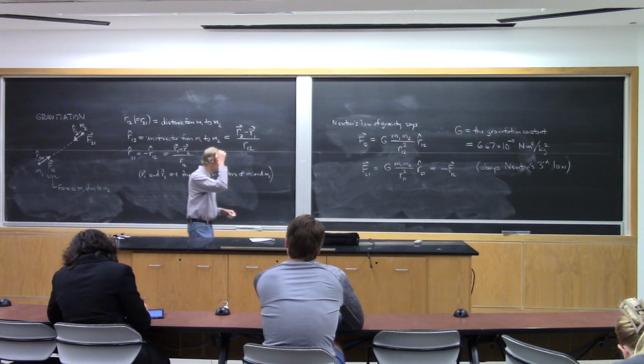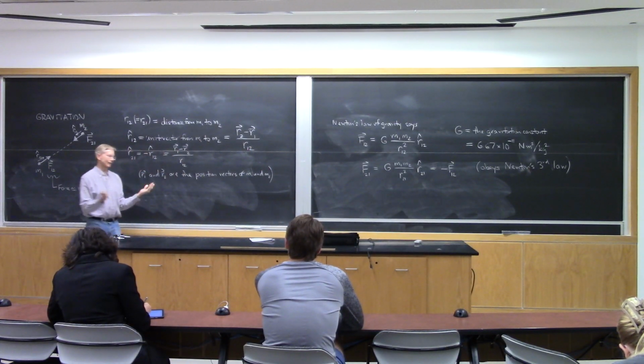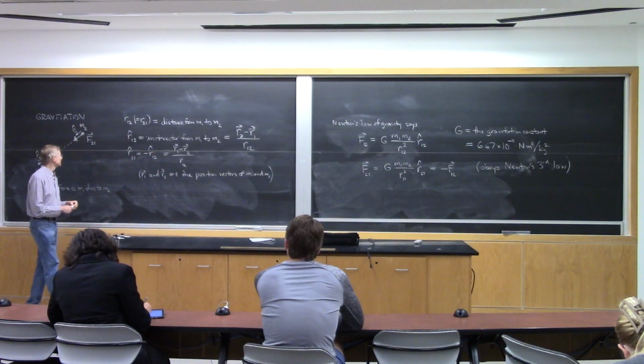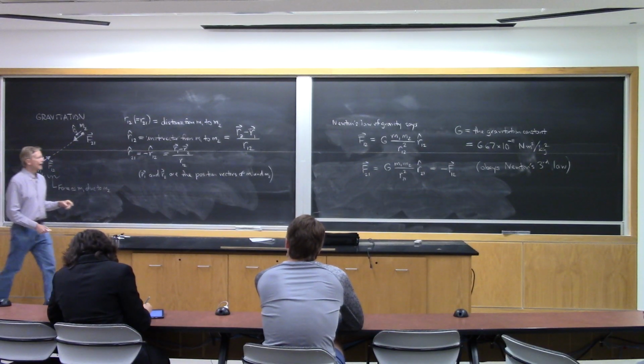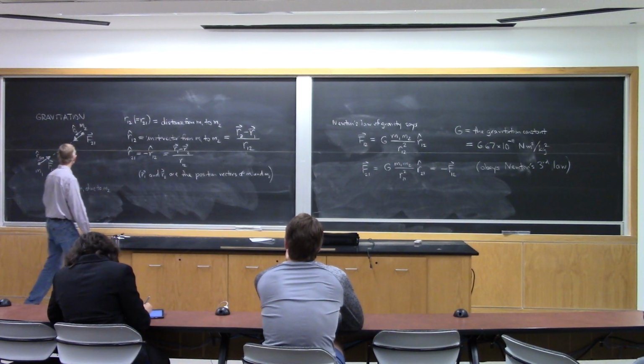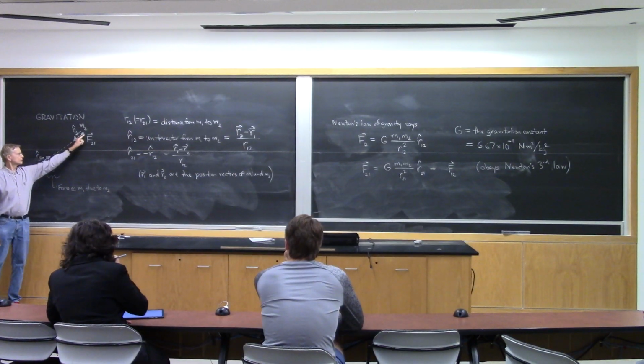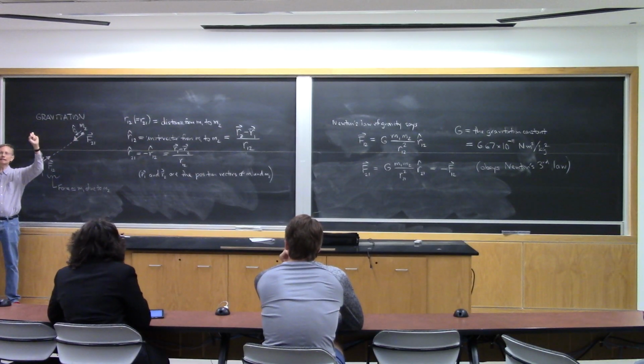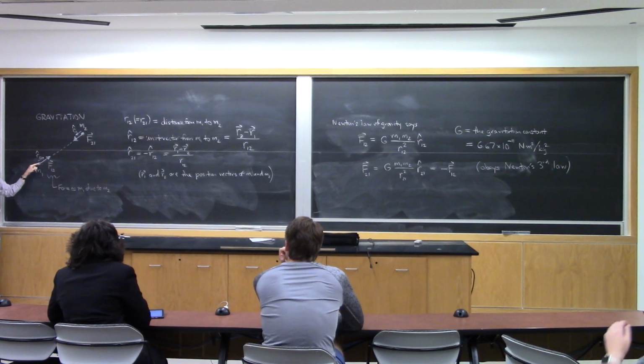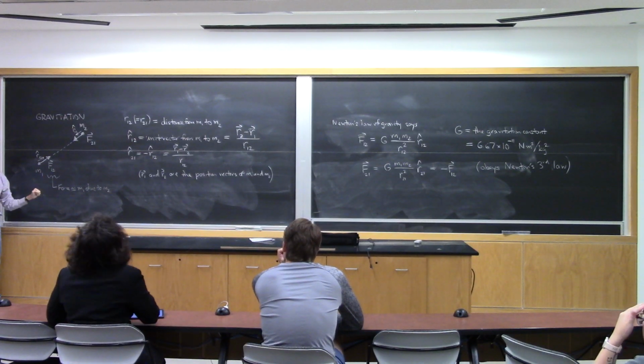Now, there's a bit of a problem here, which we're not going to worry about for now. Notice that it seems to be saying that the force depends on the instantaneous positions of the two particles. Suppose that these two particles were, say, 1 light hour apart, and I moved one of them.